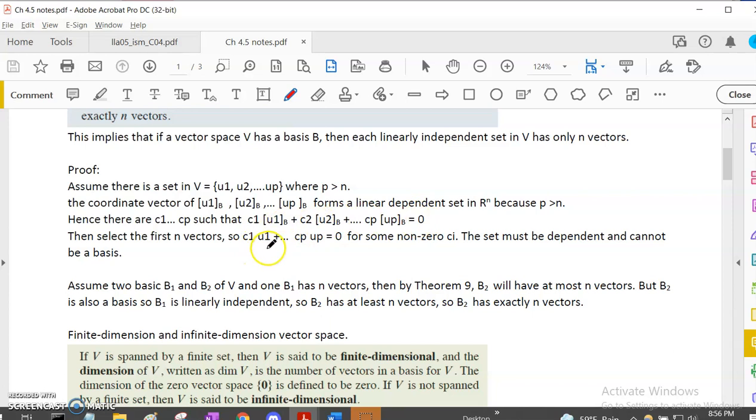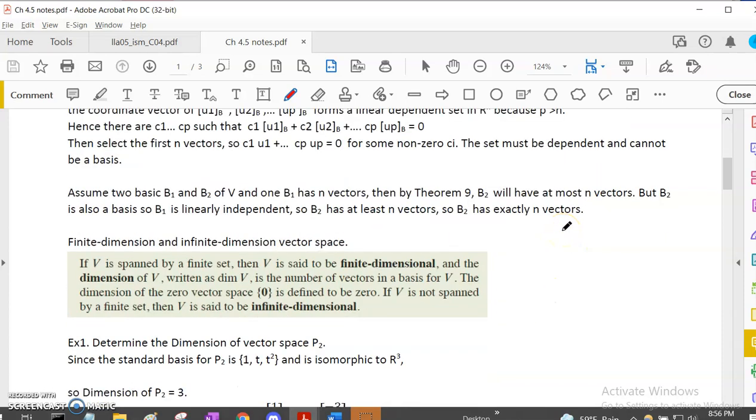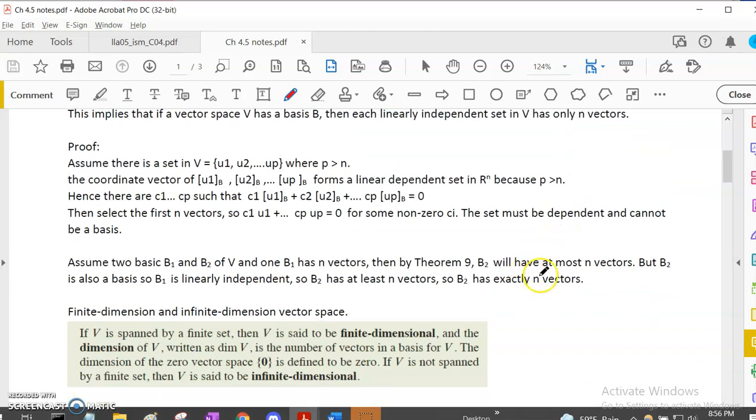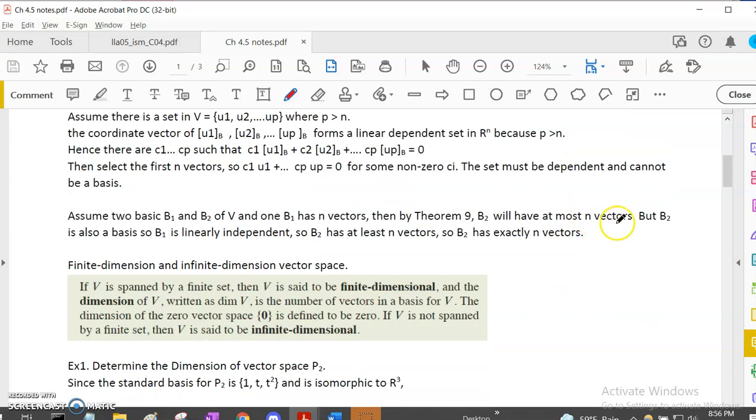So what we can do is pick those C1 to Cp and combine them with U1 to Up, and this would also be equal to 0, having some non-zero Ci. So it must be a dependent set and cannot be a basis. A basis has to be an independent set. So if you have more than n, it cannot be linearly independent.